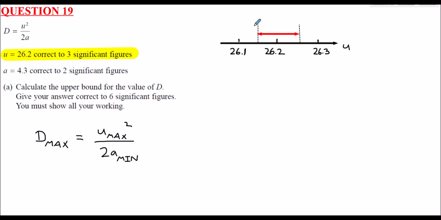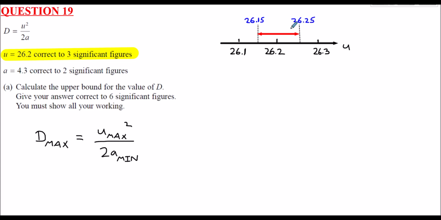So on this side, the absolute lowest u could have been is halfway in between 26.1 and 26.2. So the lowest possible u is 26.15. And the absolute highest limit u could have been is 26.25.